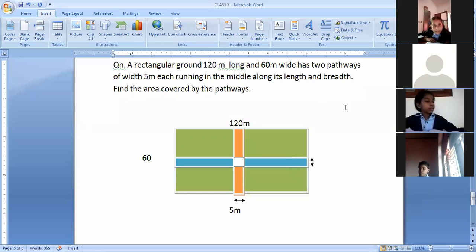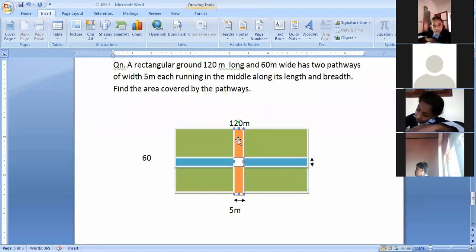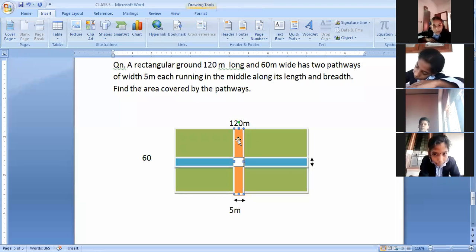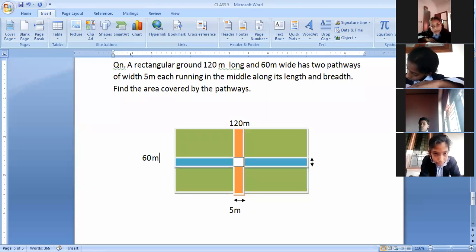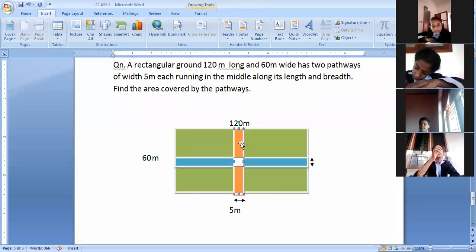What is its width? 5 meters is the width or breadth. And now consider the orange pathway. What is its length? 60 meters is the length of that pathway. What is its breadth? 5 meters.